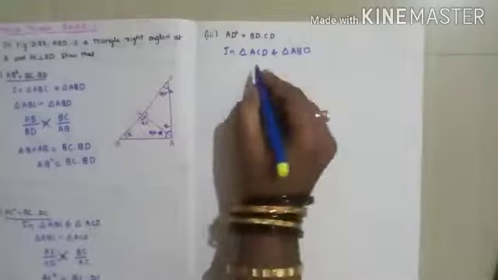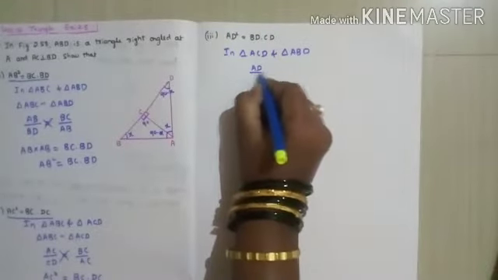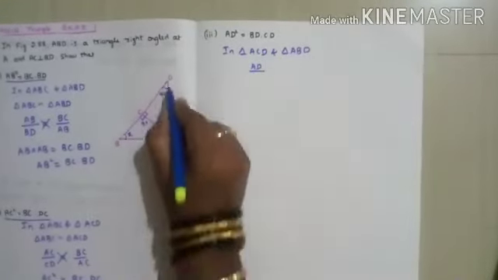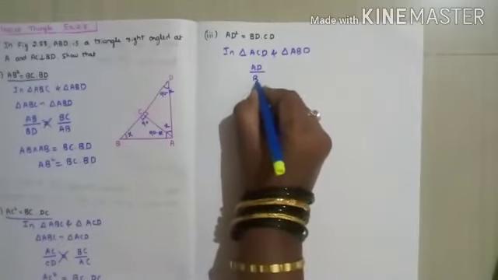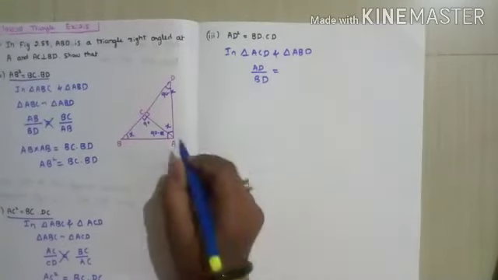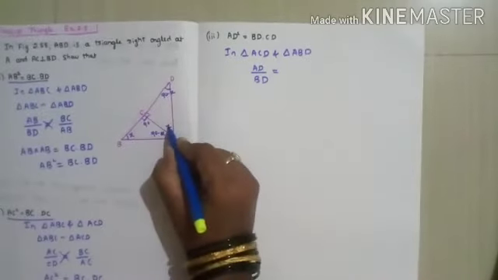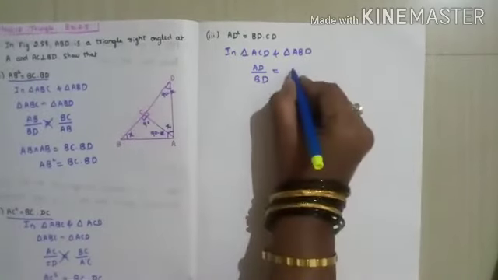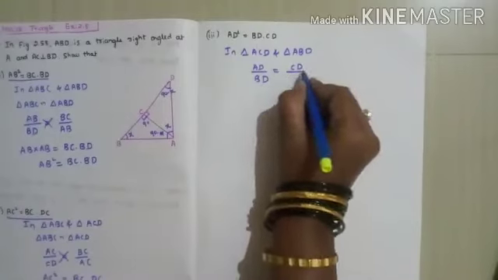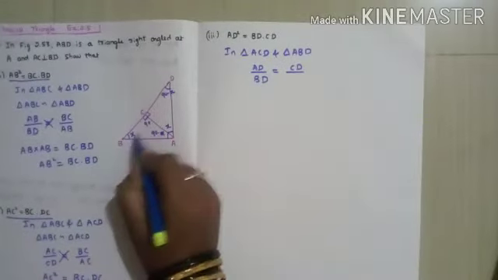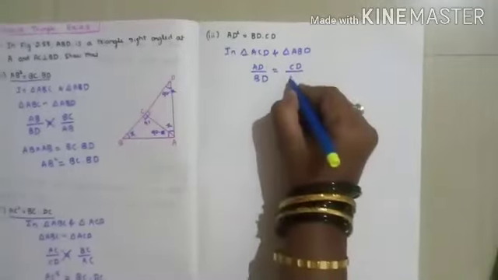The 90 degree is opposite AD. AD divided by, in the bigger triangle 90 degrees here, so BD. This is the common angle, you don't consider this. The 90 degree we considered already. X is opposite CD divided by, here x is opposite AD.